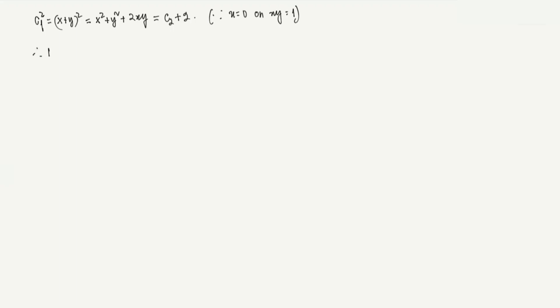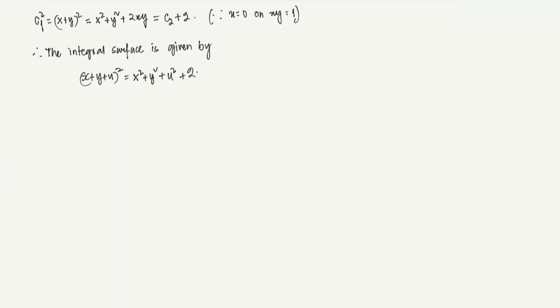Now, if this is true, then from here what do you get? Therefore, the integral surface is given by (x plus y plus u) squared equals x squared plus y squared plus u squared plus 2.